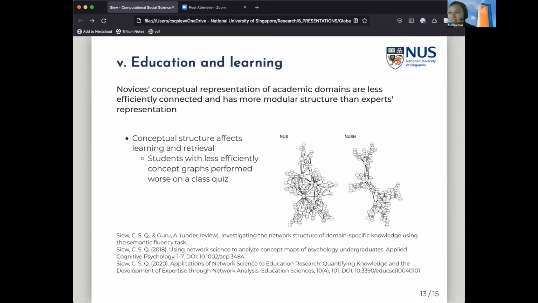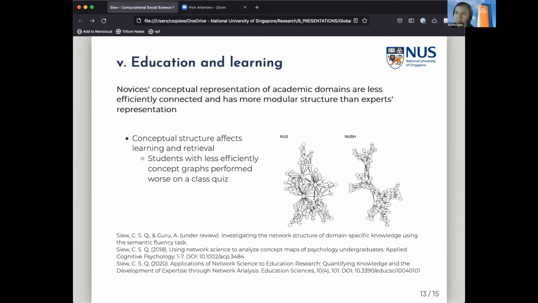It's a very simple task, right? But you have to search for the information in your semantic memory. And the animals that you come up with reflect that structure. We can reverse engineer your fluency response to infer the most likely network structure that would give that string of animals.